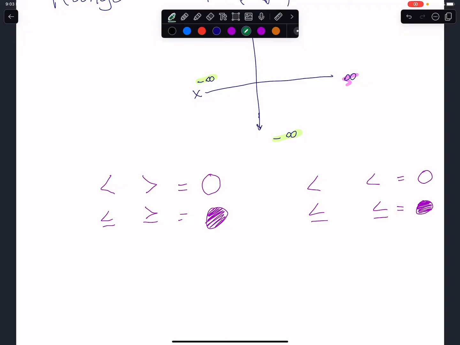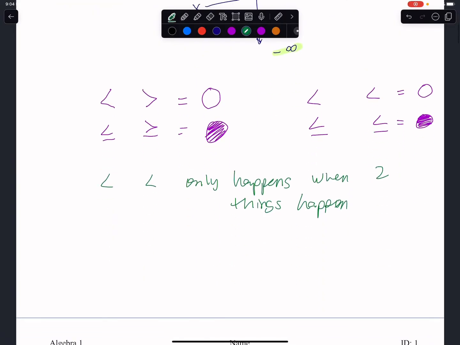This less than symbol without the line under it only happens in two circumstances: you either have an open circle, or arrows.